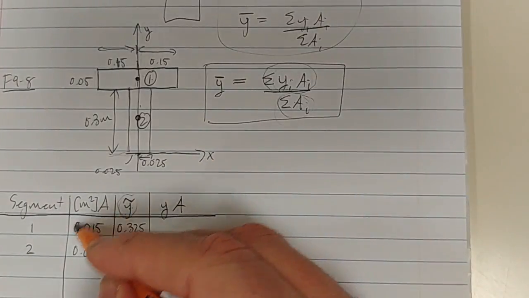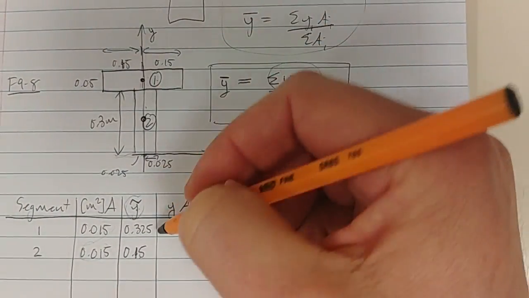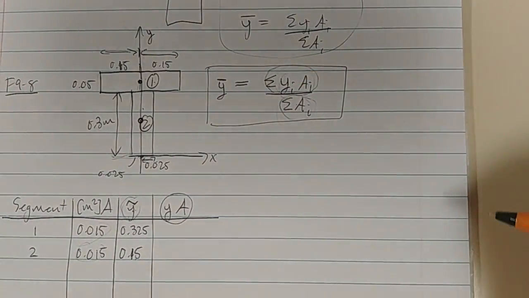Now, so that's great. We've gotten the areas of each of the segments, and we've gotten the y locations of each of the segments. Now we need to multiply y times A, because that's what we get there.